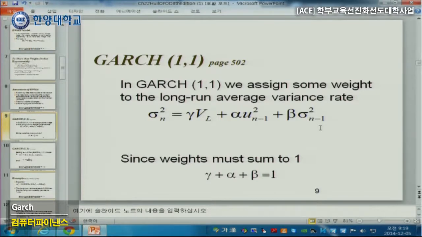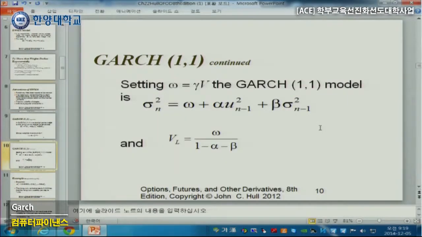Since the weights must sum to 1, it looks like this. Then setting omega as gamma V_L, the GARCH(1,1) model is sigma n squared equals omega plus alpha u n minus 1 squared plus beta sigma n minus 1 squared, where V_L is omega over 1 minus alpha minus beta.